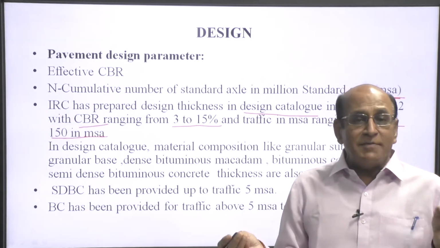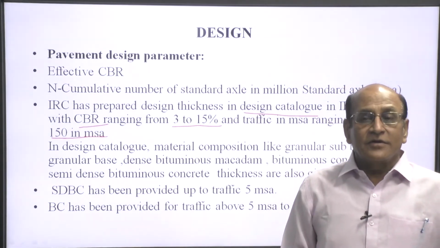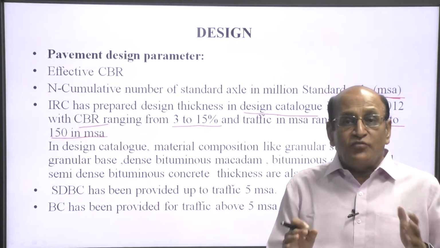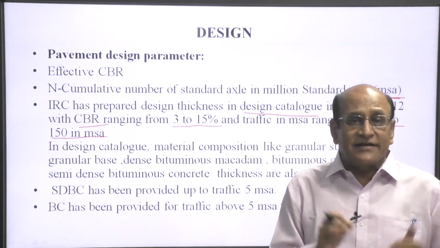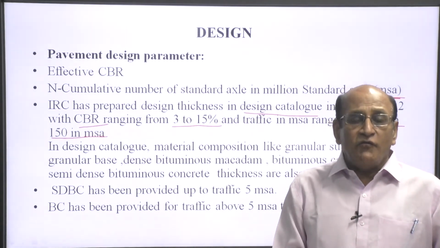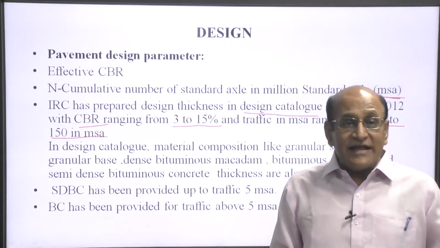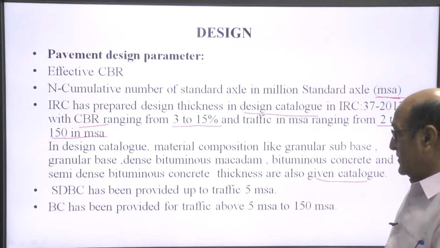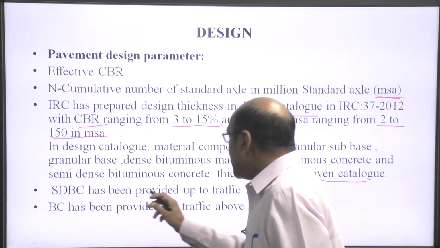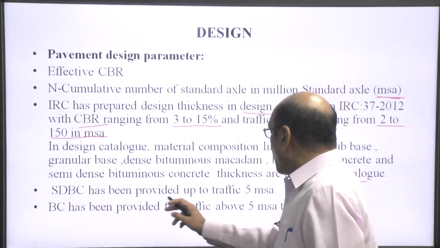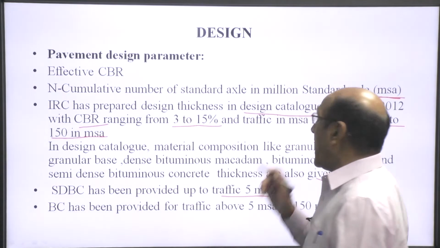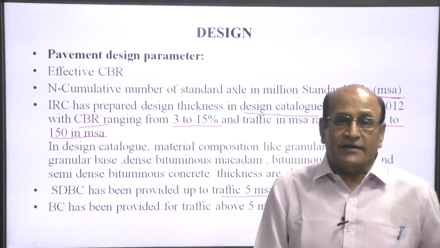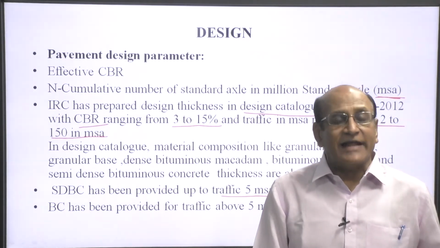Just calculate the MSA and effective CBR, then choosing the correct catalog, we can get the thickness of each layer of the flexible pavement. SDBC has been provided up to traffic 5 MSA, million standard axle.